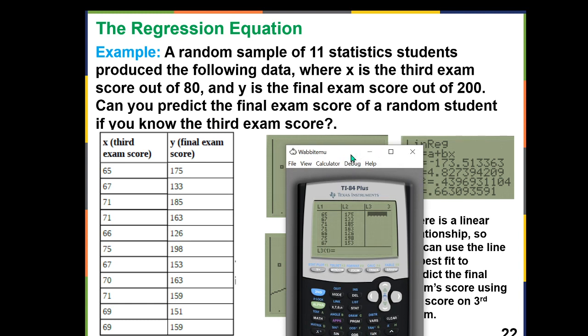it says a random sample of 11 statistics students produced the following data, where X is the third exam score out of 80. So the highest points you could make is 80. And then Y is the final exam score out of 200. Can you predict the final exam score of a random student if you know the third exam score?